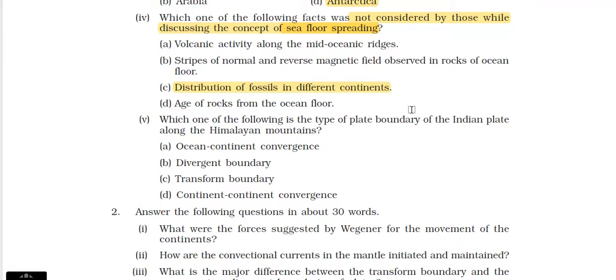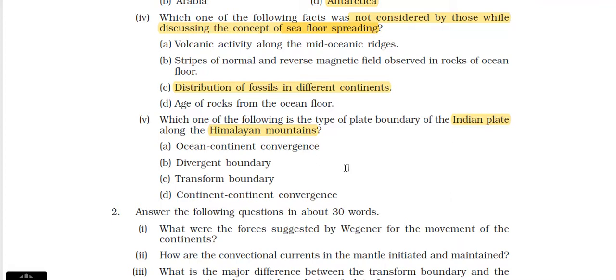Okay. Last MCQ is about which one of the following is the type of plate boundary of the Indian plate along the Himalayan mountains. So there are 4 options: ocean-continent convergence, divergent boundaries, transform boundaries, and continent-continent convergence.